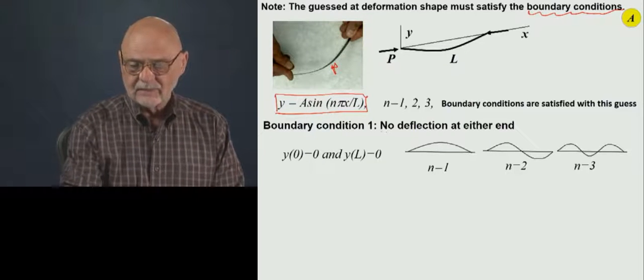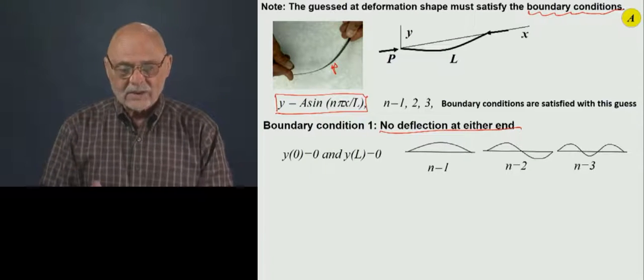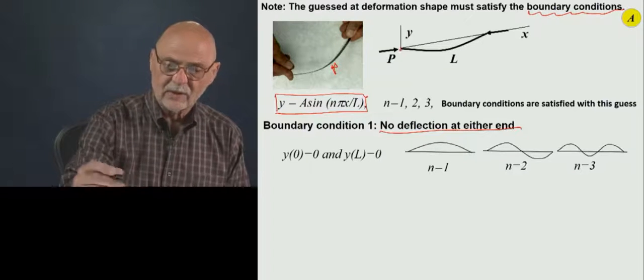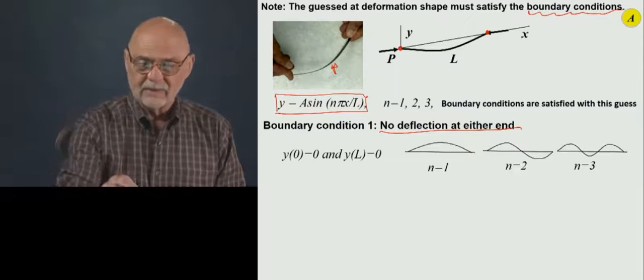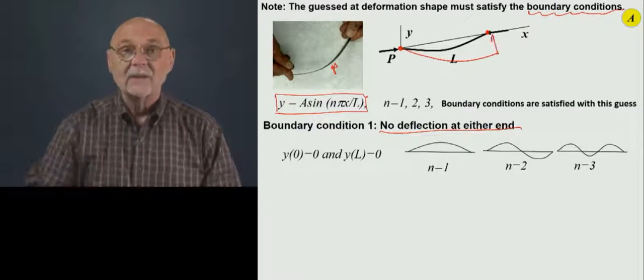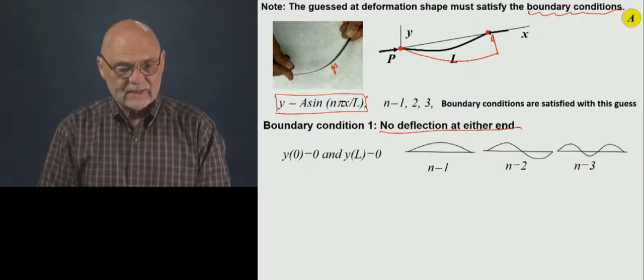In this case, we had two boundary conditions. We had no deflection at either end. So at this point here and at this point, we can't have a solution that looks like this, right? This has to be equal to 0.